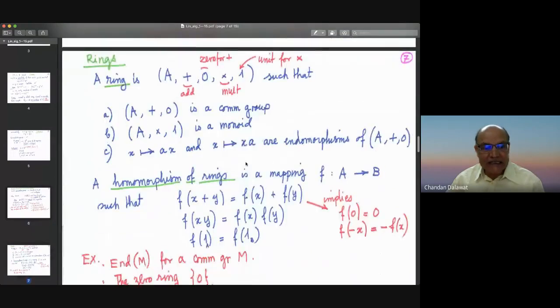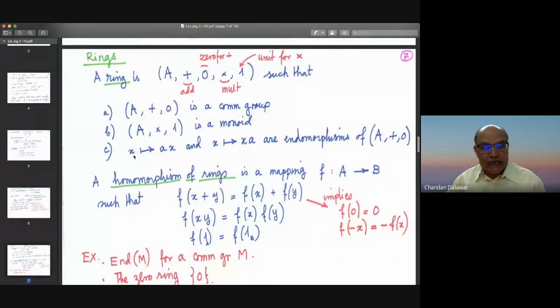What that means is, I take an element x and this left multiplication by an arbitrary element a: x is being sent to a times x.